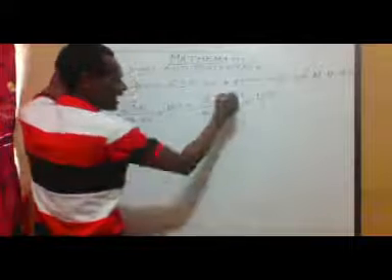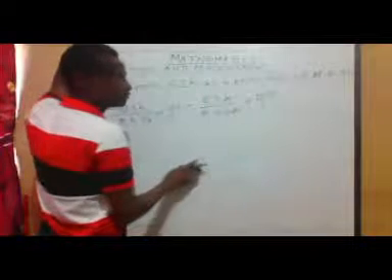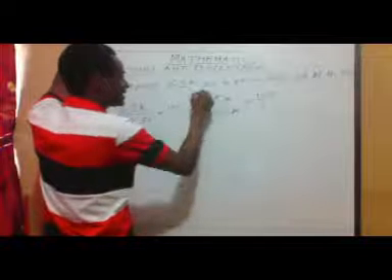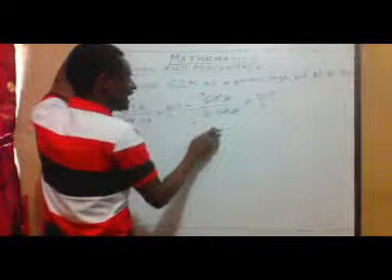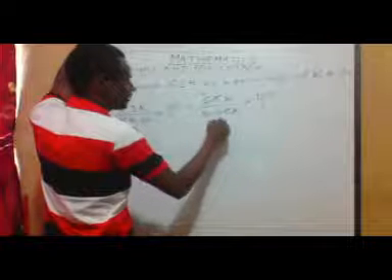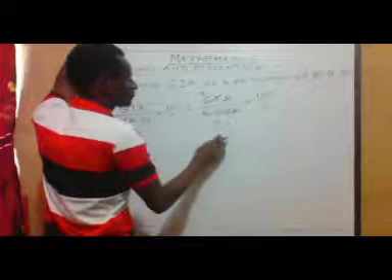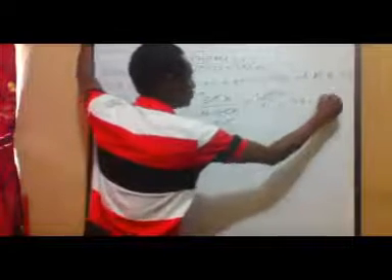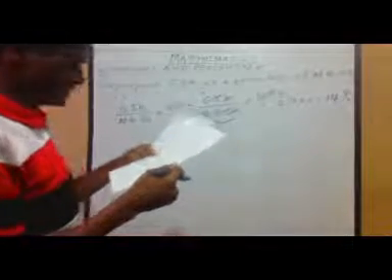Kobo will cancel out kobo. So 9 in 63, 7; 9 in 450, 50. 50 in 50, 1; 50 in 100, 2. So I'm having 7 times 2, which is 14%.